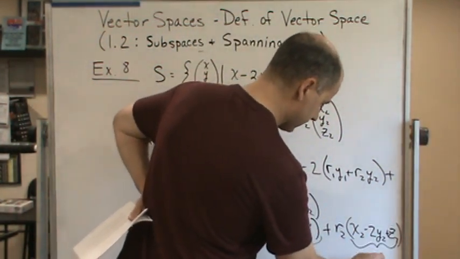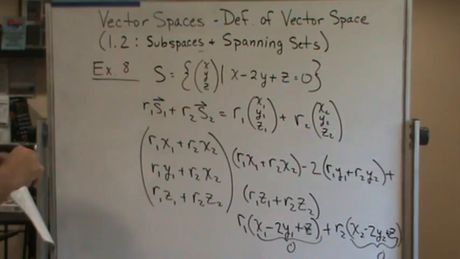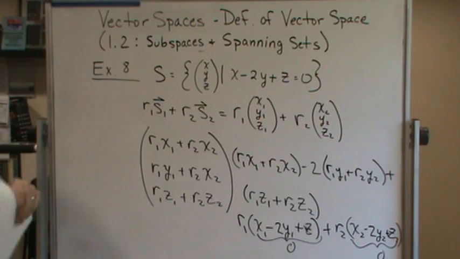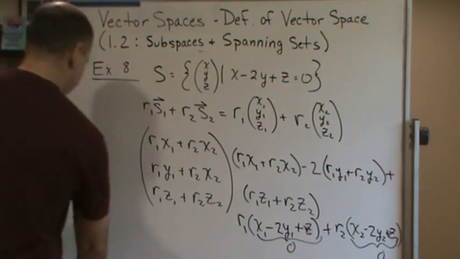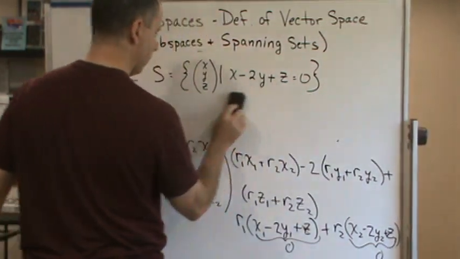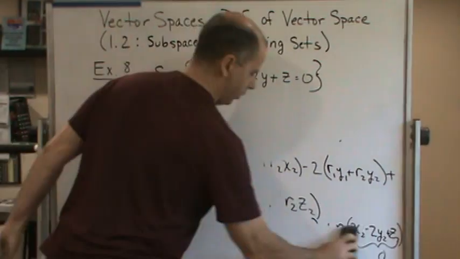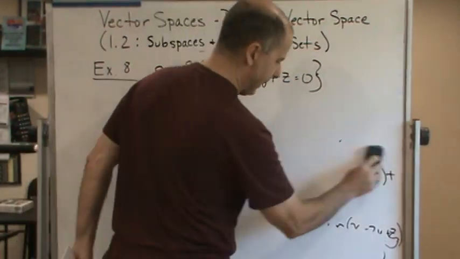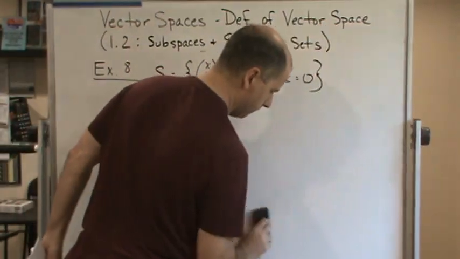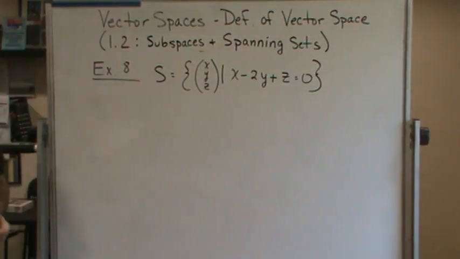This is also in S, so that turns to 0, and so it all goes to 0. So we're good, and that's it. We would be done. But there's another way that we could show this. That would be the way we normally would show that S is a subspace of R3.